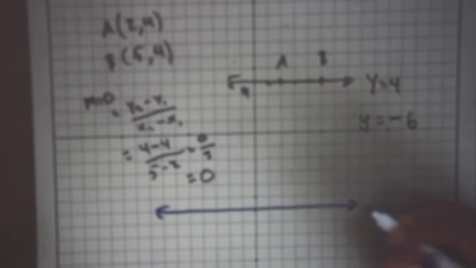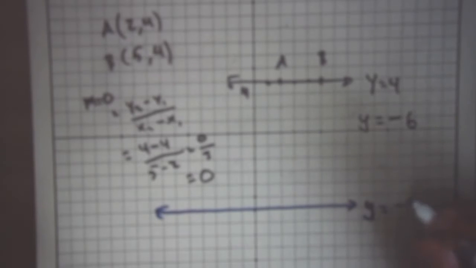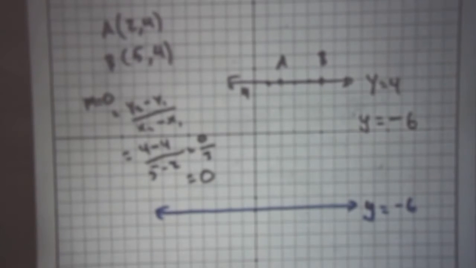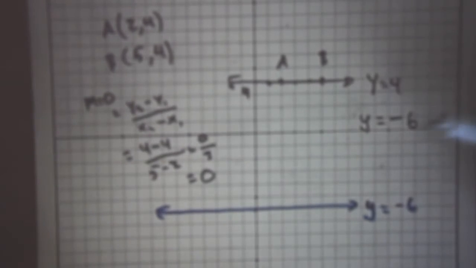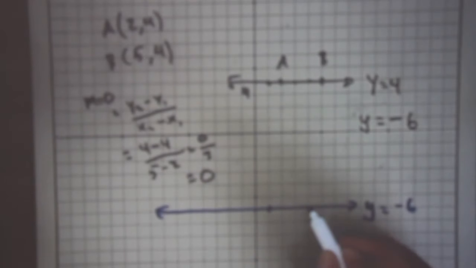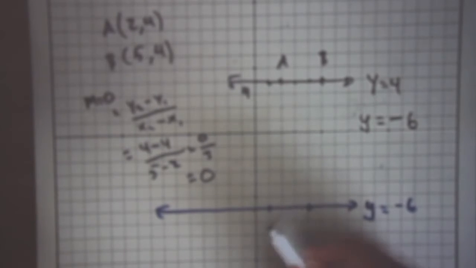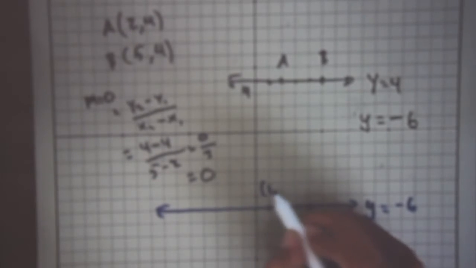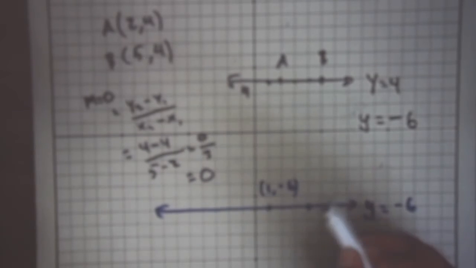So here's the graph of the line y equals negative 6. The slope is 0. We know that because it's a y equals equation, and then the value negative 6. And again, if you were to pick any 2 points on this particular line, this point here is the point 1 comma negative 6. This is the point, looks like 4 comma negative 6.